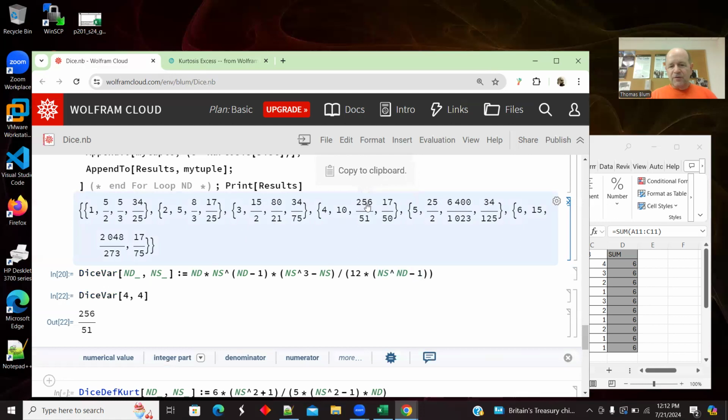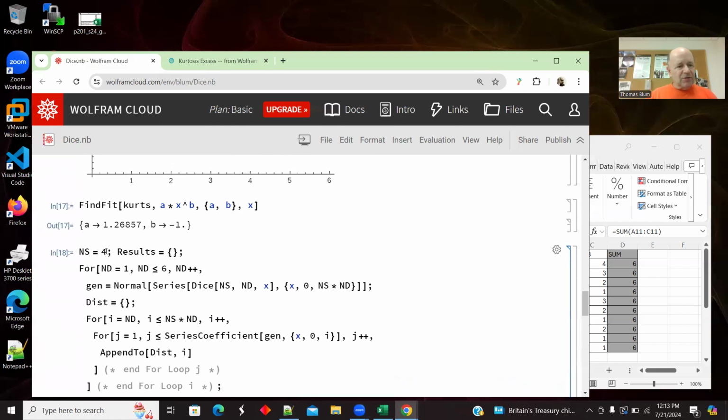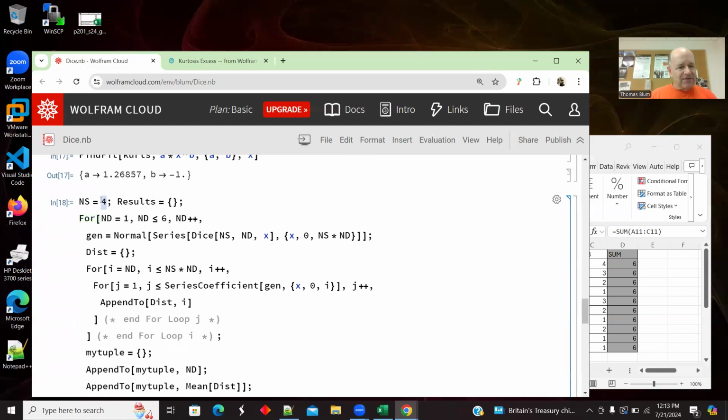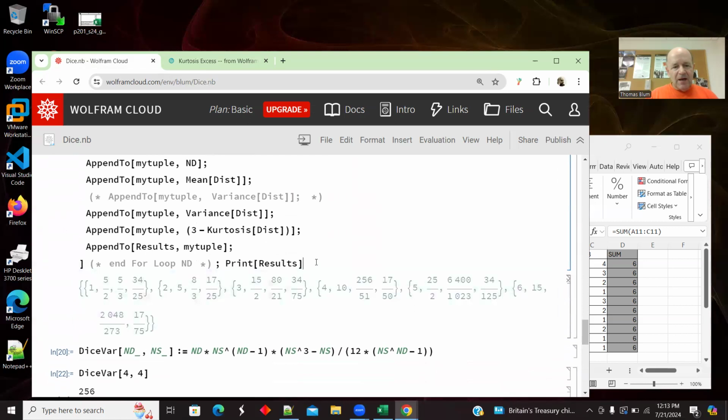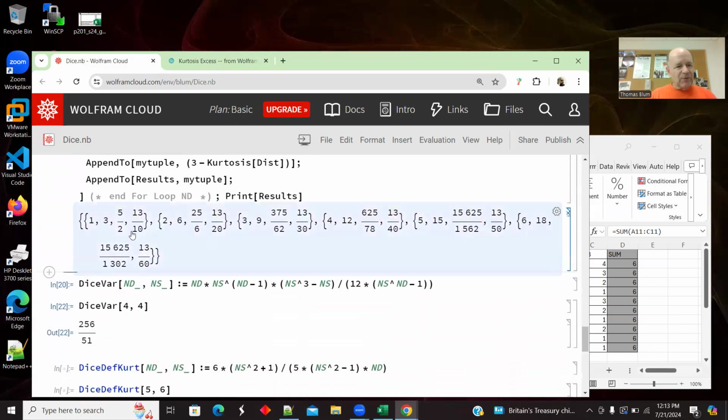There is the 256 over 51. And let's just change the number of die sides to 5 and run it again. And this turns black, and then when it's no longer black, we have an answer.